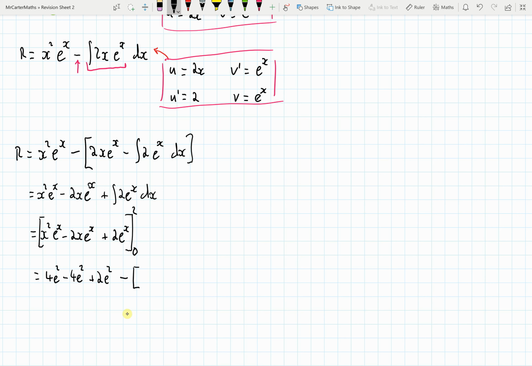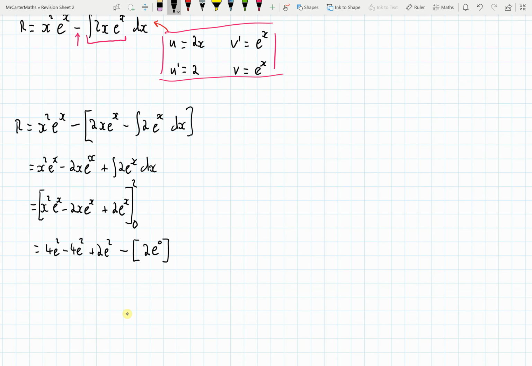So 0 squared times e to the x is 0, minus 2 times 0 times e to the 0 is 0, and then I have 2e to the 0, which won't be 0 because e to the 0 is 1. So look at my first three terms: the first two cancel each other out. I've got 2e to the 2 minus 2.